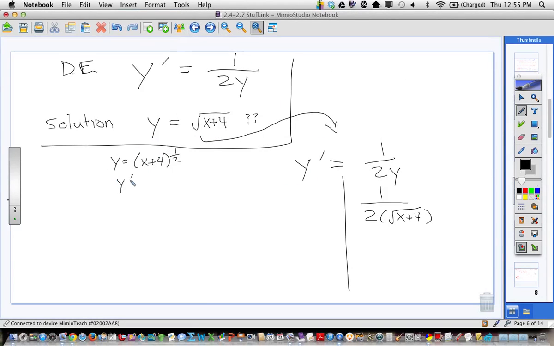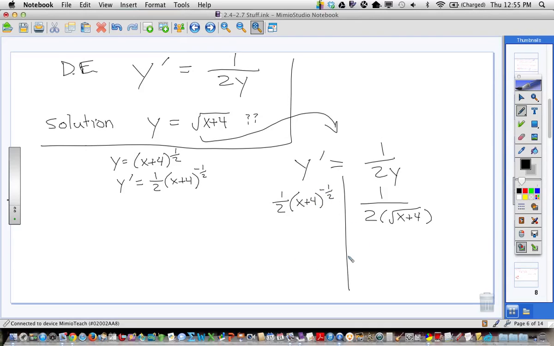So to get y prime, I need to do the derivative of that. What do you get? 1/2. Inside always stays the same. And then it'd be the negative 1/2 power. That's y prime. That goes on this side. 1/2 x plus 4 to the negative 1/2.